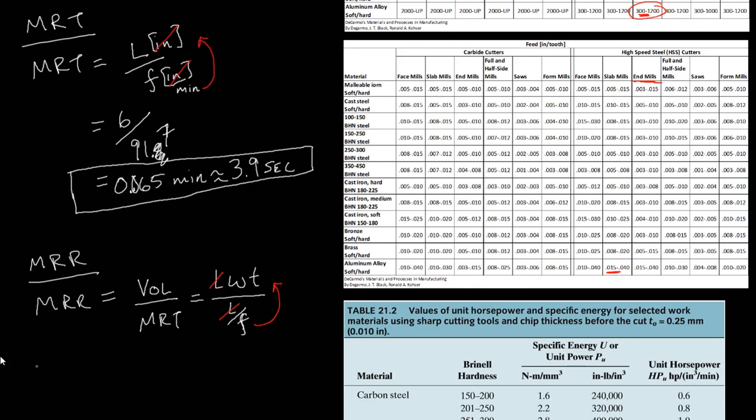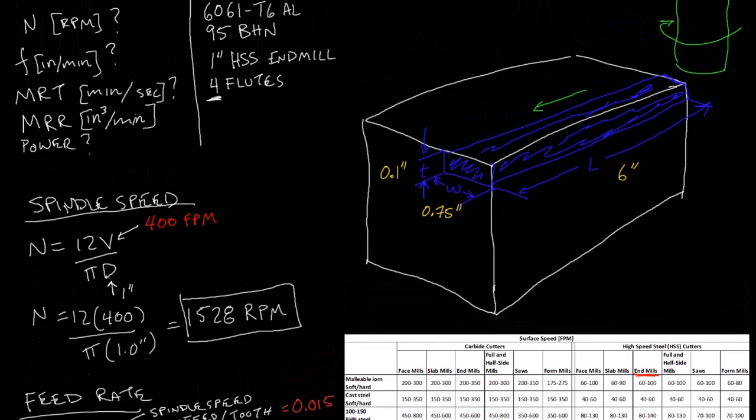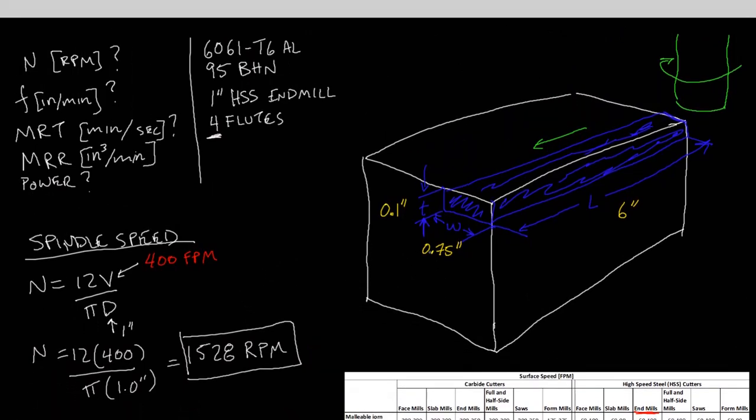So then we can say that MRR is equal to F in inches per minute times W, our width of the cut, times T. Now, we didn't make a full cut with the cutter, so it's not 1 inch, it's 0.75 and it's 0.1 inch down.